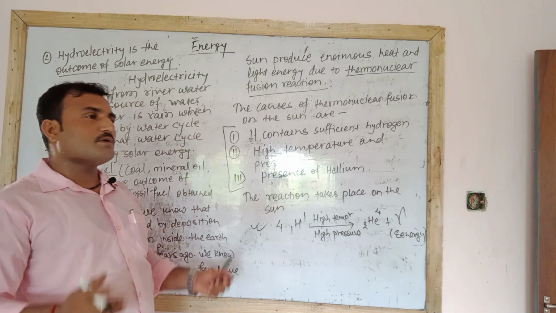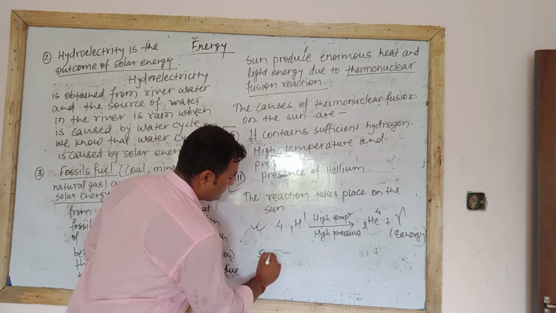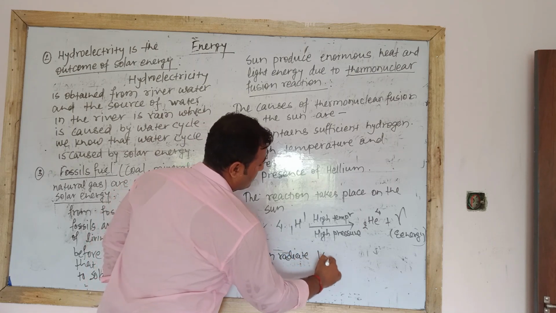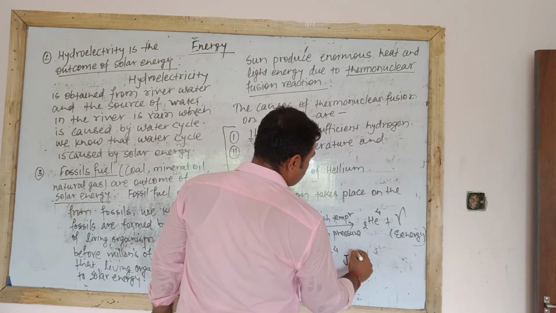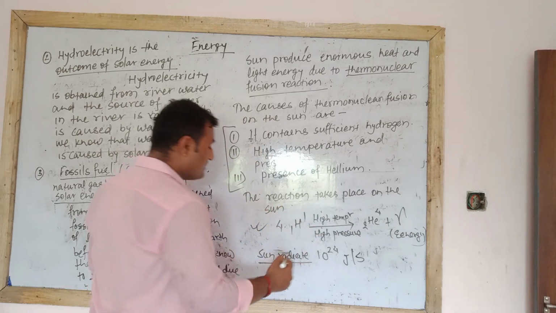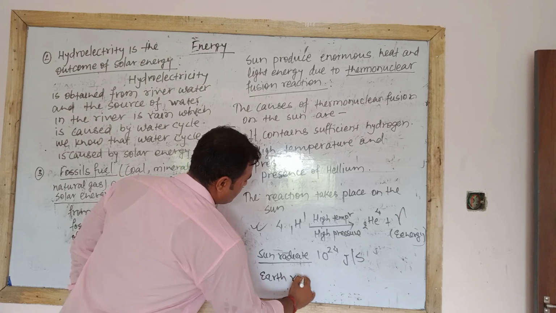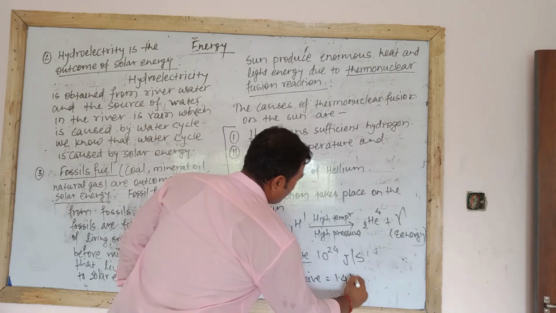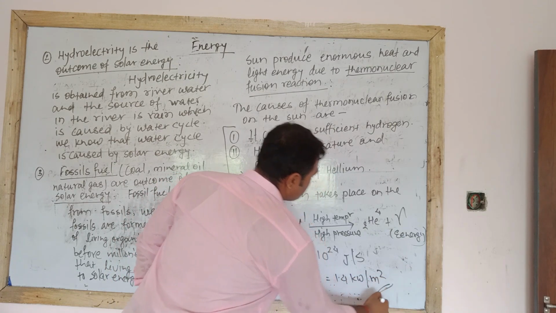The sun produces about 10 to the power 24 joule heat energy per second, and our earth receives about 1.4 kilowatt energy on per square meter surface area.